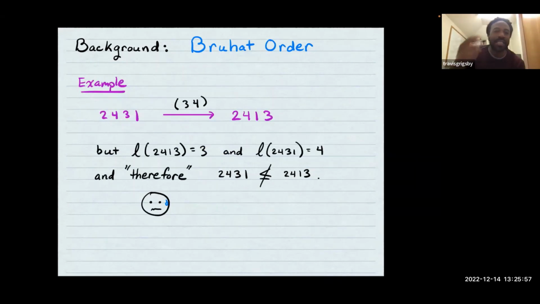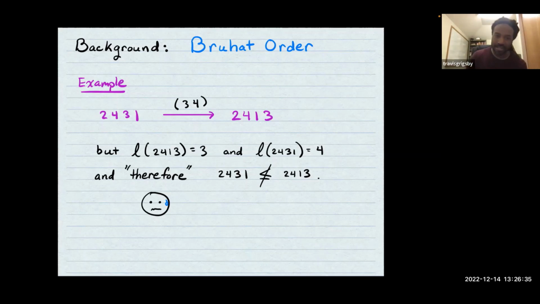For example, we can take 2, 4, 3, 1 to 2, 4, 1, 3 using that transposition, but the length of 2, 4, 1, 3 is 3 and the previous length is 4, so we actually went down in length, and so we don't have 2, 4, 3, 1 being less than or equal to 2, 4, 1, 3.